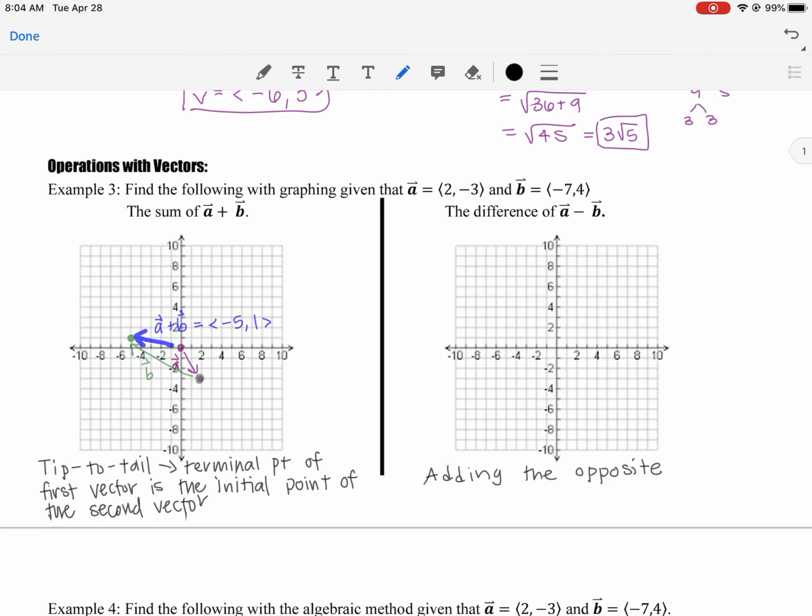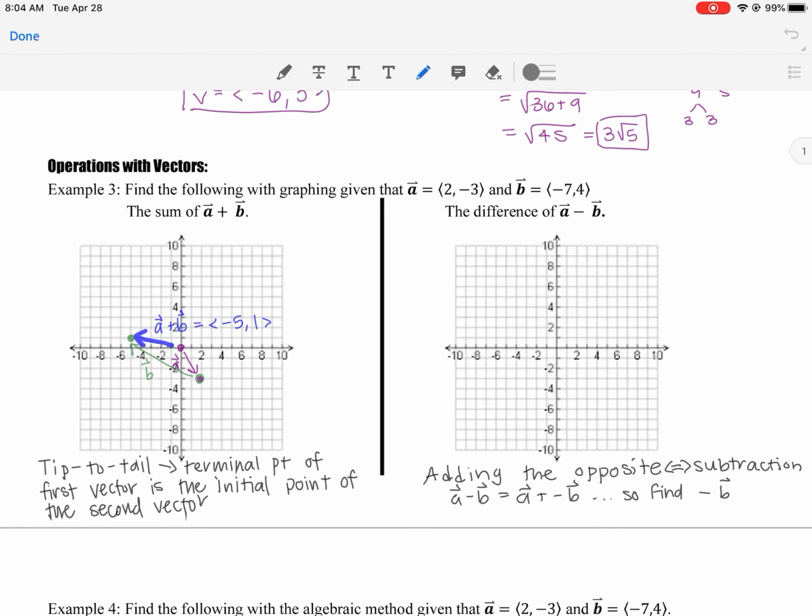Subtraction is the same as adding the opposite. So when I think about vector A minus vector B, it's the same as doing vector A plus a negative vector B. So we want to find negative vector B.